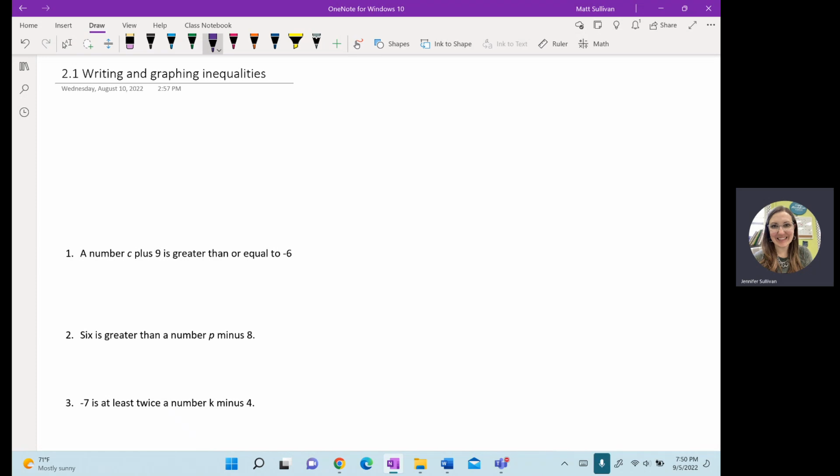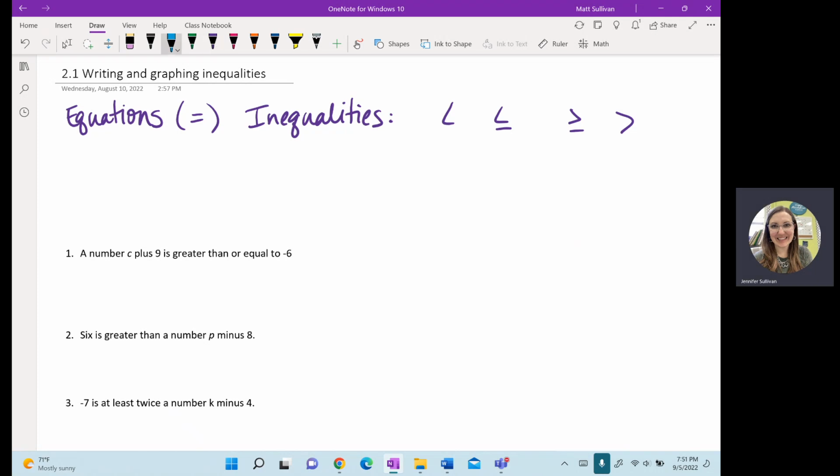So we are switching from dealing in equations, which we know have equal signs, to now dealing in inequalities. And we have 4 inequality signs that we know. So I'm going to go ahead and write them on here.